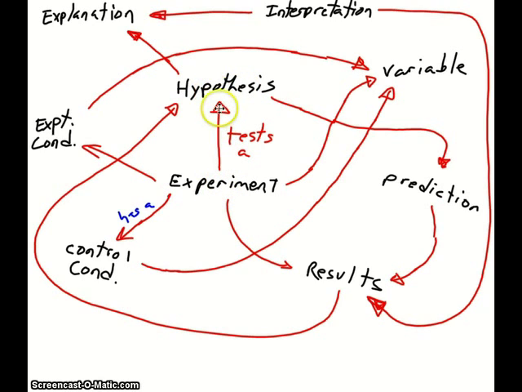And again, the arrow indicates which way you're starting the thought. You could draw the arrow the other way and say a hypothesis is tested by an experiment. But I've just chosen in this example to do it this way. So that's up to you though. But you wouldn't draw both of them. That would be redundant. Over here is another one. An experiment has a control condition.